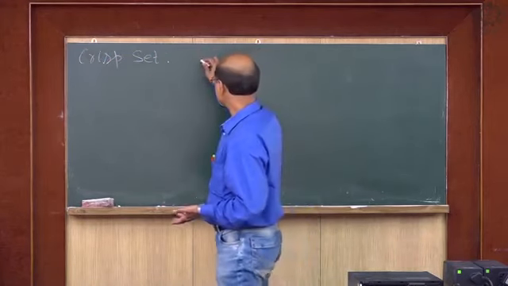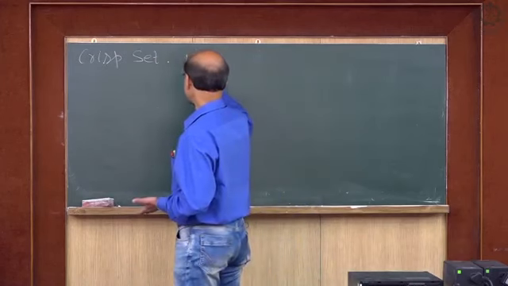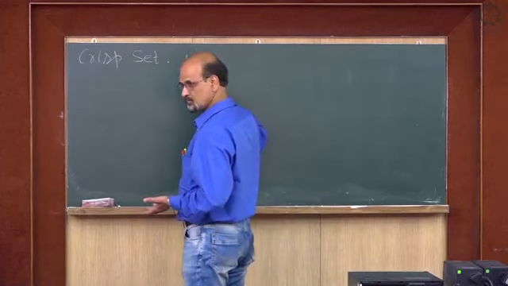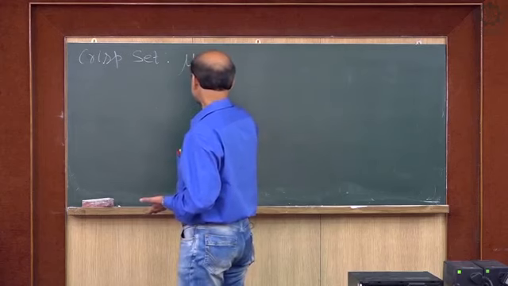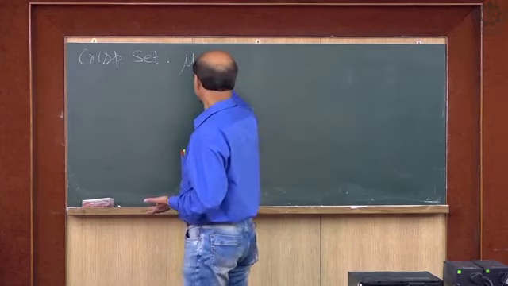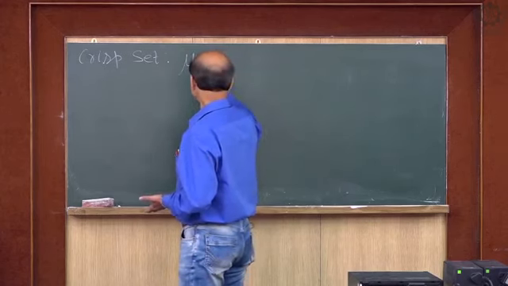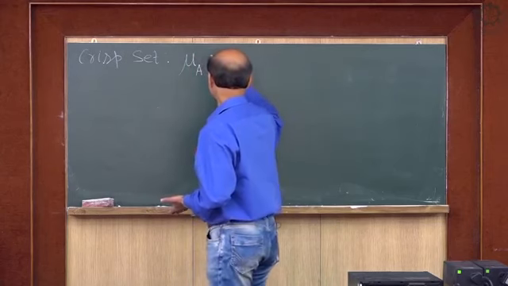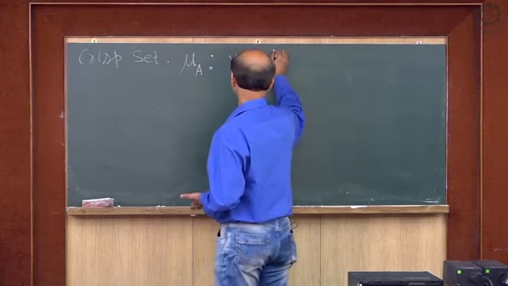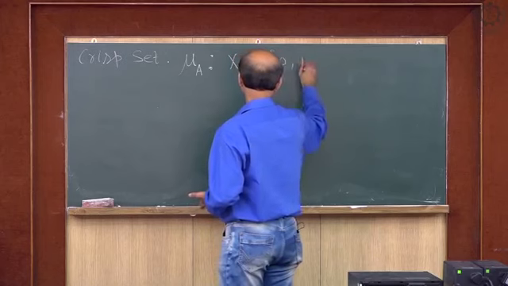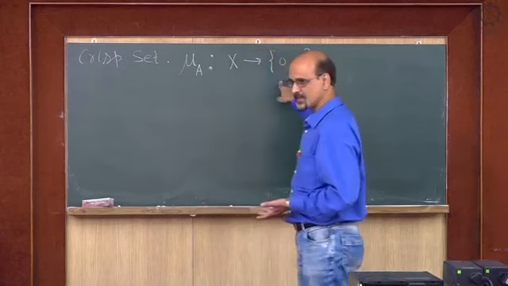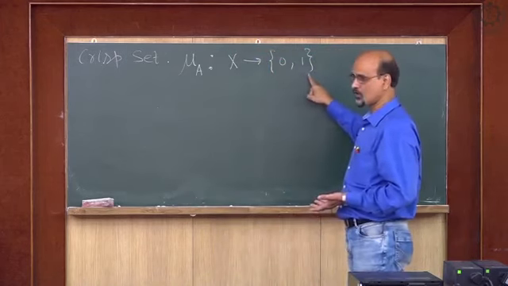For this case, we wrote this as, suppose I write mu for this membership function and A is the crisp set, mu A is a function from X to the set {0, 1}. That means it can have the value either 0 or 1.